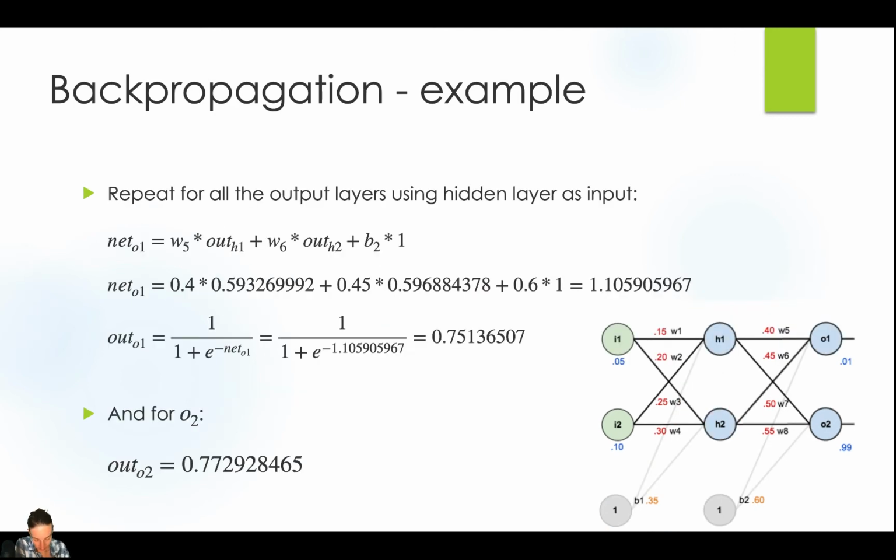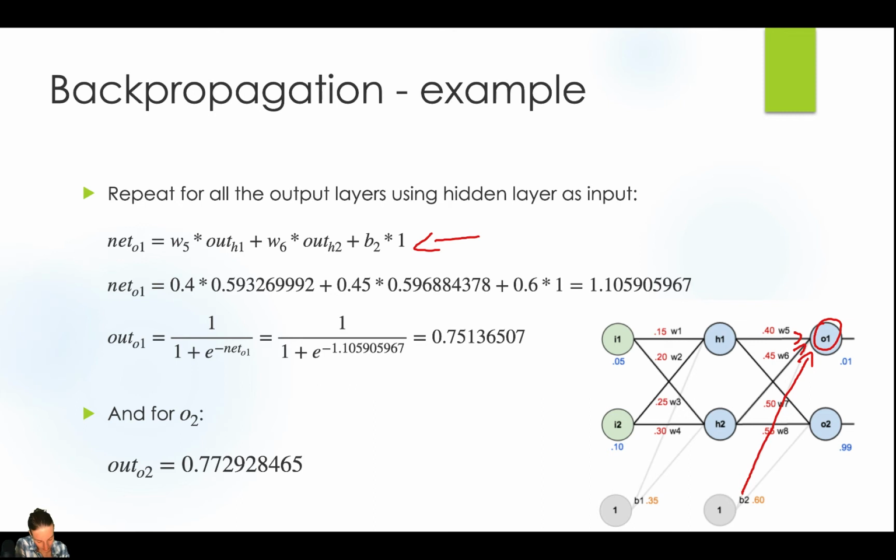Now we're going to repeat this for all of the output layers using the hidden layer as input. So we start with the output layer node O1. This is basically a linear combination of W5, W6, and the bias B2. So again, all of this is plugged into the linear combination of input from all the previous hidden layers.